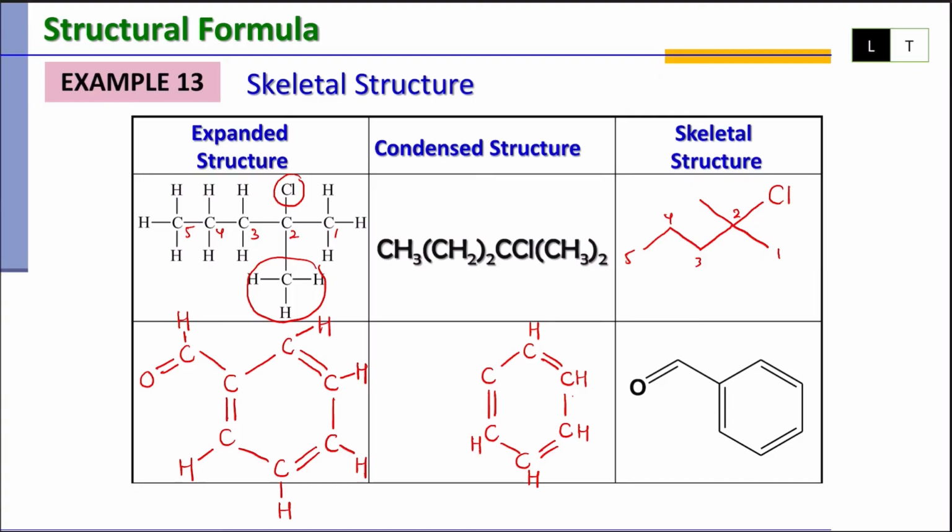And next one. Dekat sini, kalau awak nampak, kita tak boleh tunjuk this bond. So, bond kat sini, yang saya highlight warna kuning ni, kita kena tutup. So, saya akan tulis C, and then dia ada H, bonded kepada O, dan ada double bond. So, ini adalah cara untuk awak draw the condensed structure for this one.